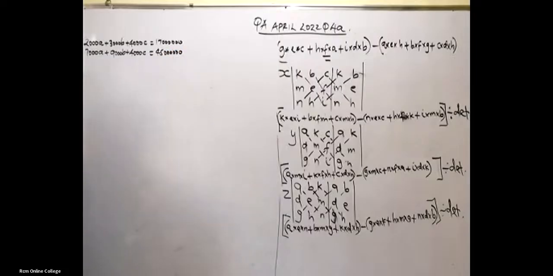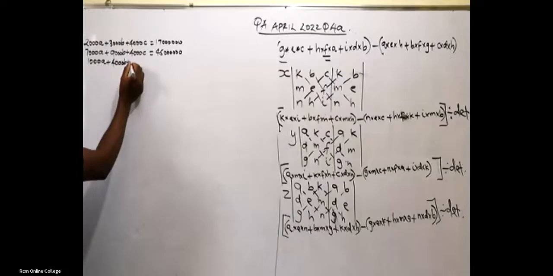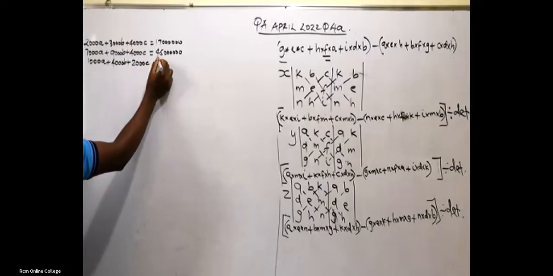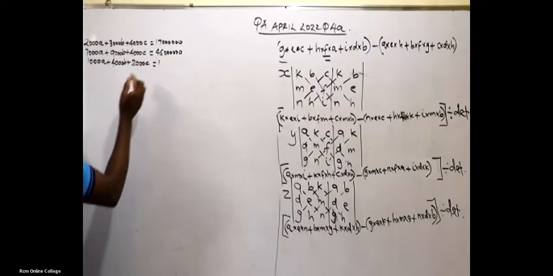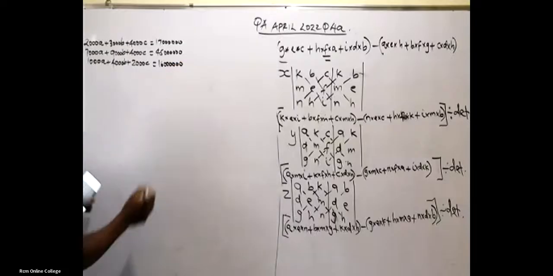Then we go to 1,000 units of A plus 4,000 units of B plus 2,000 units of C. That will give us the last one, 16 million.